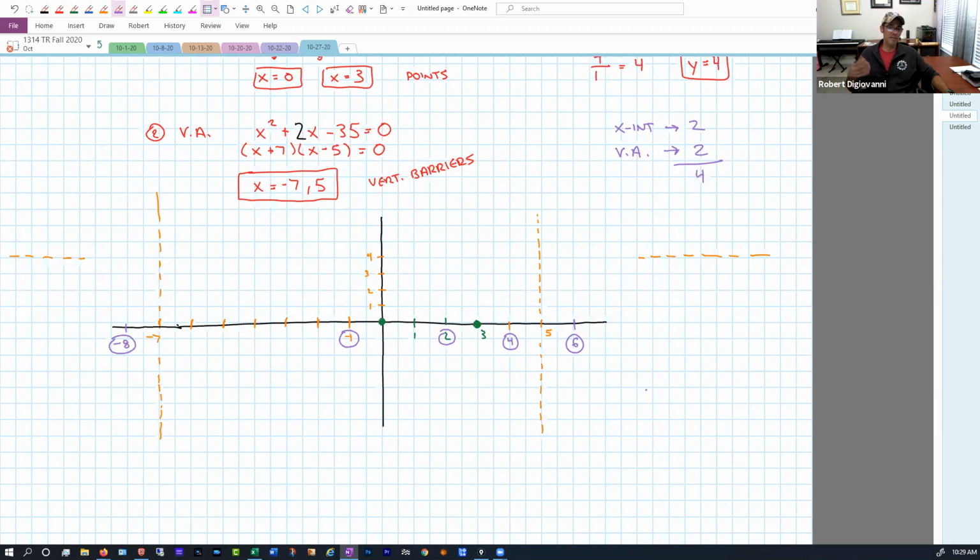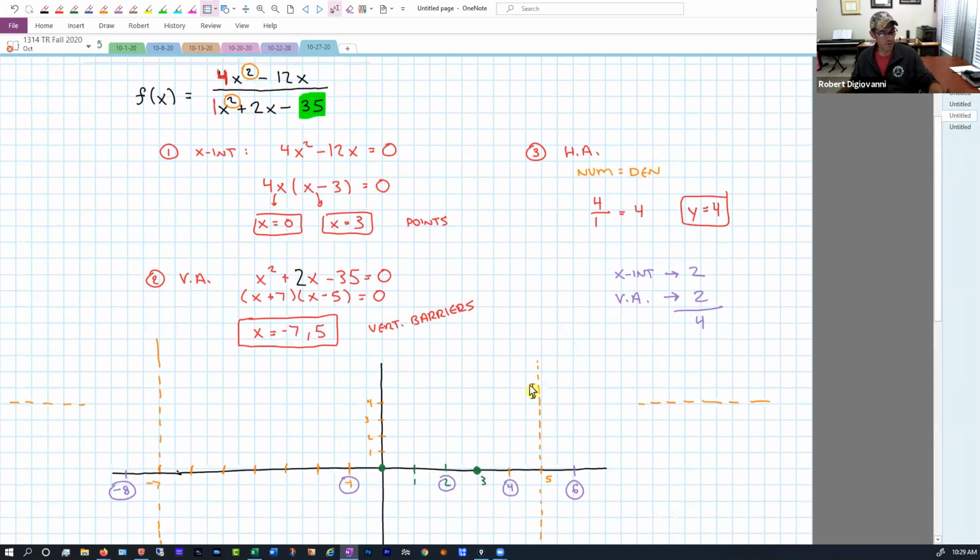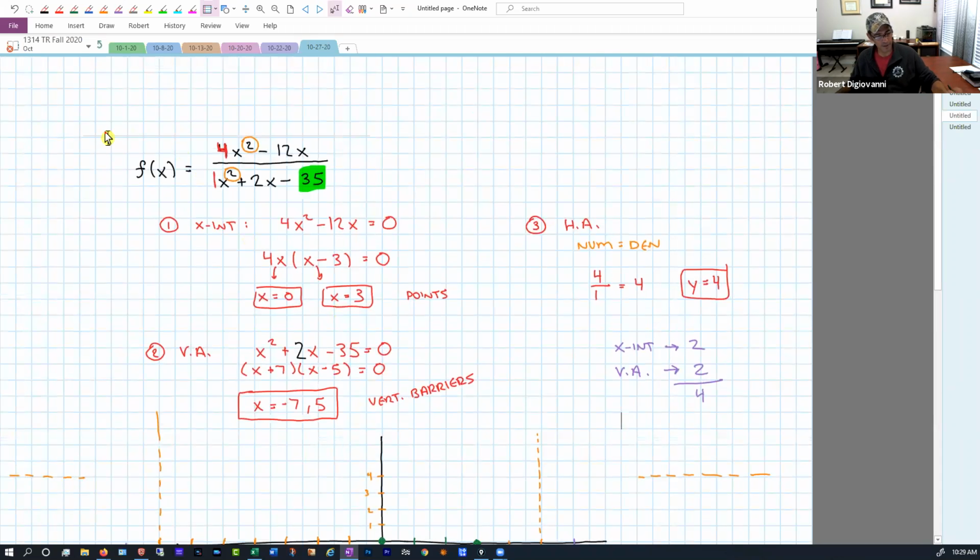So in an effort to save time, I'm actually not going to go through each one of them. I'll do one of them, but that's it, all right? So I'll do the first one. This is our function right here, and I've got to plug in 5 different things to it. So if you plug in -8, you would have 4 times -8 squared minus 12 times -8, all over -8 squared plus 2 times -8 minus 35.